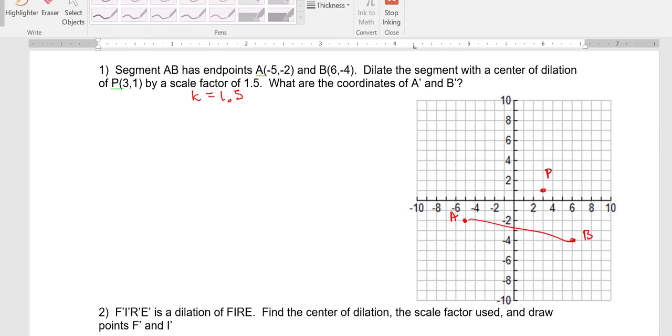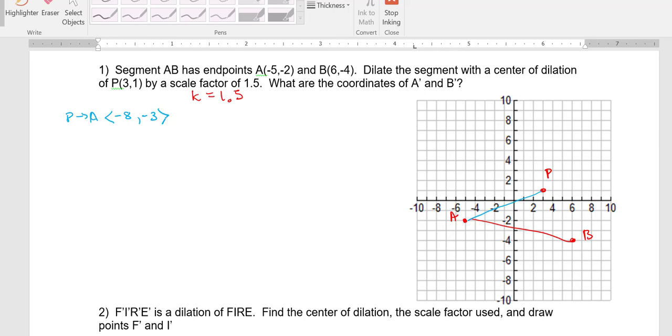What I have to know here is, from P to A, what is my difference? Going from P to A, it's -8 in the x direction and -3 in the y direction. So we're sort of putting that in using vector notation.